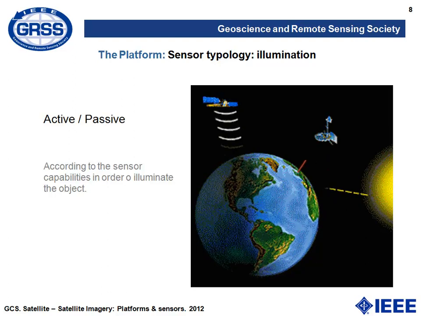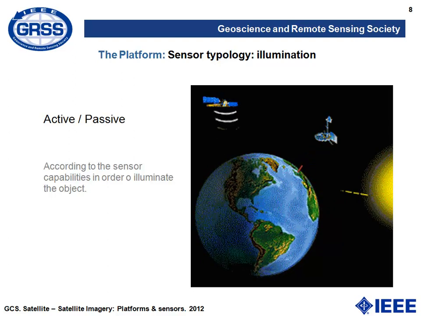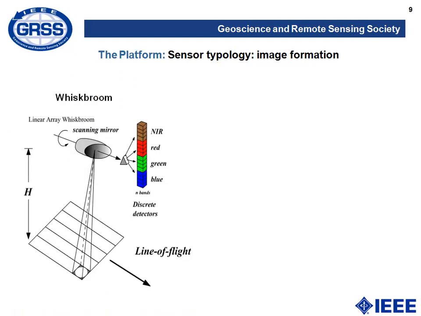A great majority of Earth observation tools use a passive sensor, so it is a key issue to distinguish the main technologies involved in capturing reflected radiation from the sun. Three main sensor typologies are used in terms of image formation on passive satellite platforms.